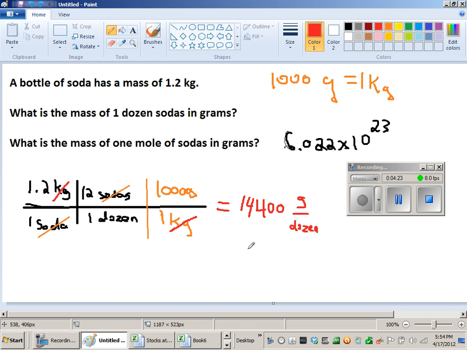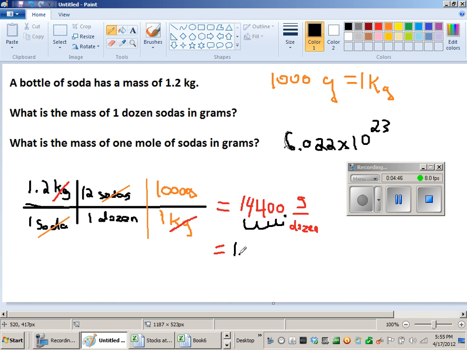So I want to end up having a 2 sig fig number. I'm going to have to use scientific notation to help me out here. So I'm going to grab this decimal point and move it 1, 2, 3, 4 places over.